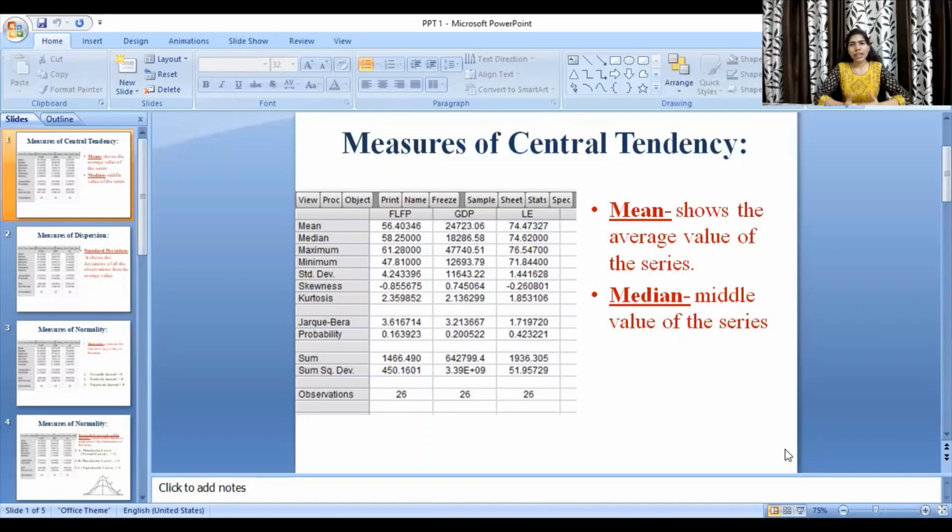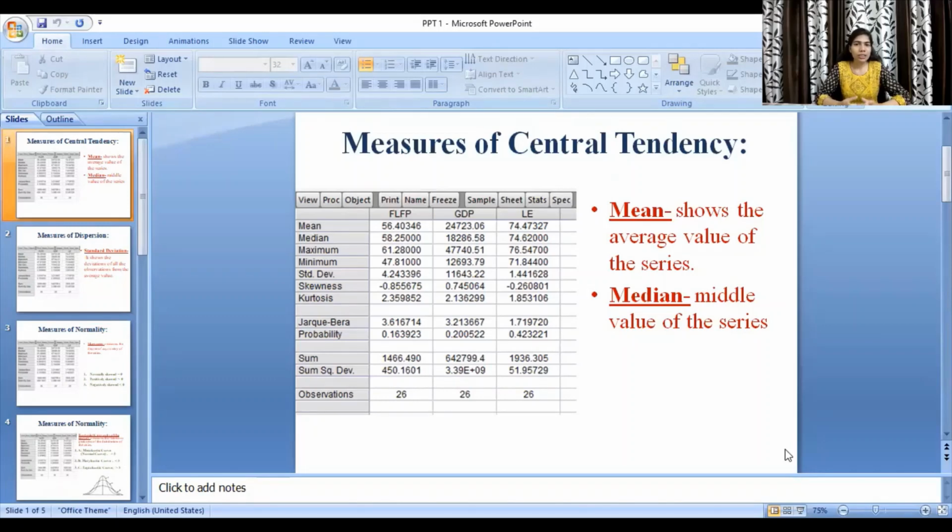See, descriptive statistics provides us with measures of central tendency, measures of dispersion, measures of normality, and so on. So let's discuss all these one by one. See, there are various measures of central tendency as we know. There is mean, median, mode, harmonic mean, geometric mean.